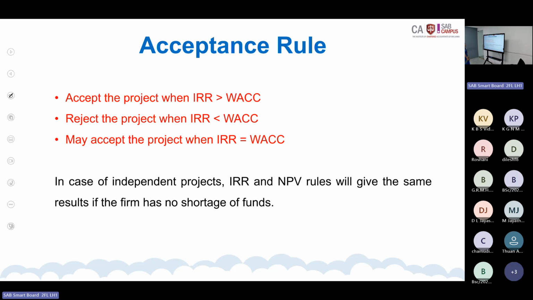Okay. Sarah, tell me, the weighted average cost of capital is 15%. The other one is 15.8. That means it is higher than the overall weighted average cost of capital. Do we need to accept? Yes, we need to accept. Why?